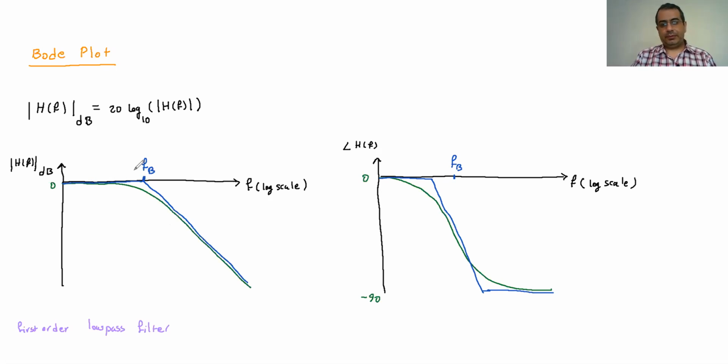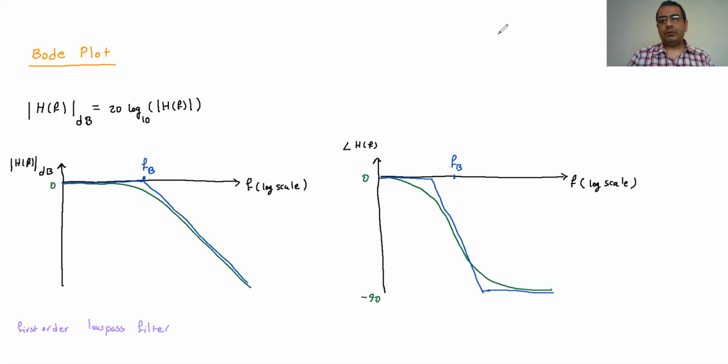Then when it gets to the FB, suddenly, dramatically, the magnitude is going to drop. So we can see that this is the Bode plot for the low pass filter.